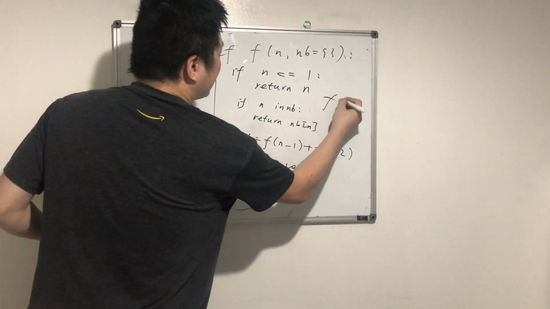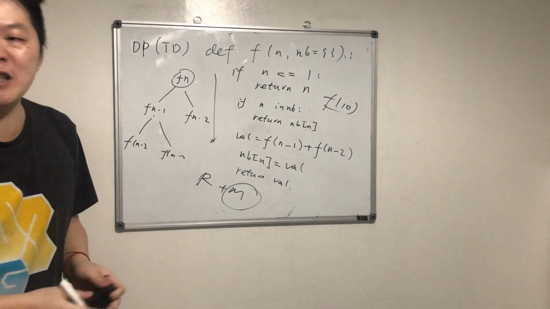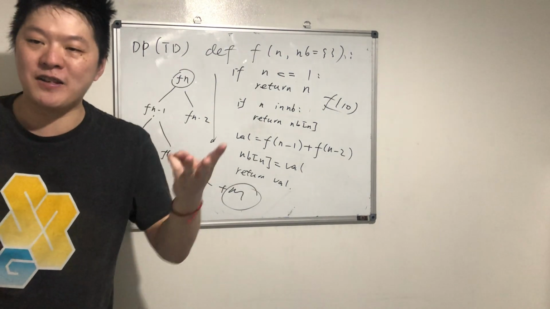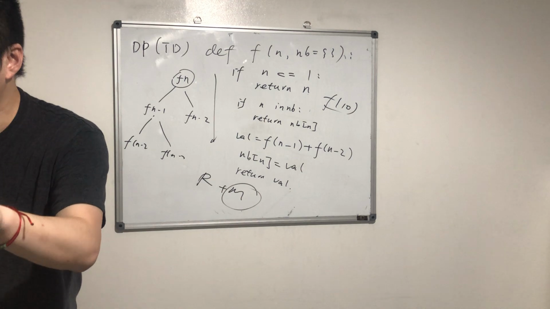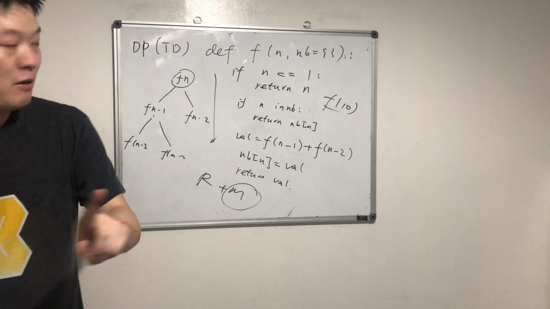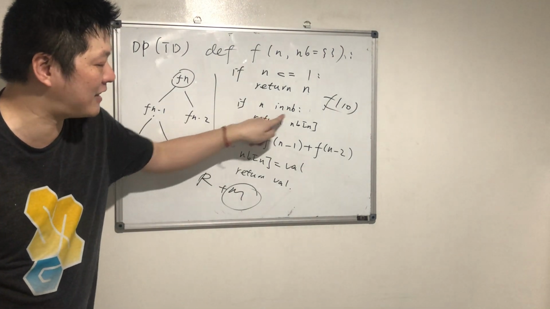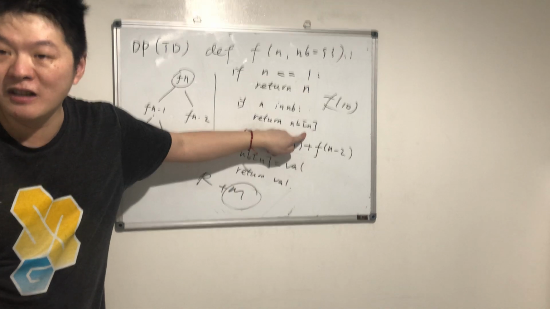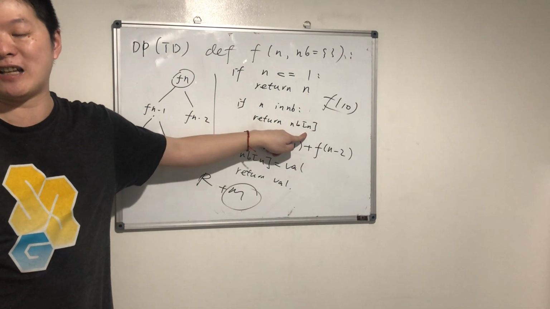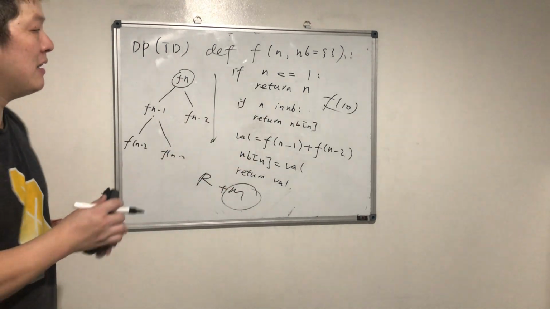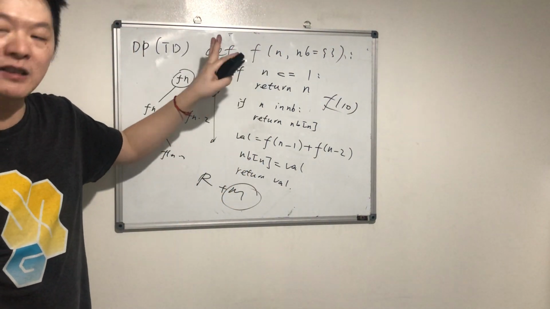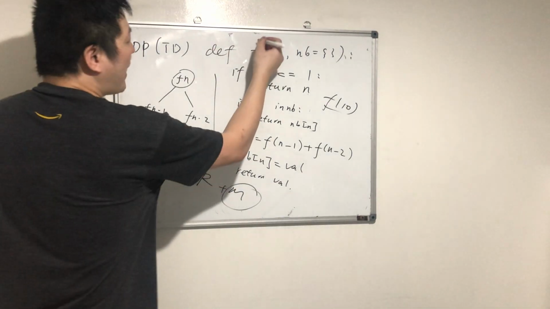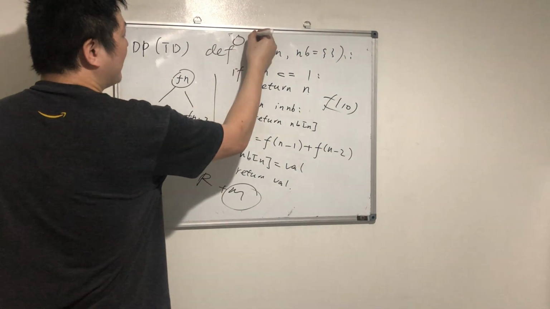Let's say F10: I just need to calculate F9, F8, F7, till F1, F0. All these numbers are only calculated once, because once calculated, I put it in the notebook, and next time I just get it. So with recursion with memoization, dynamic programming, the complexity for the Fibonacci number is O(n).